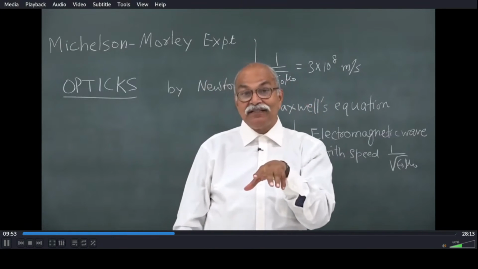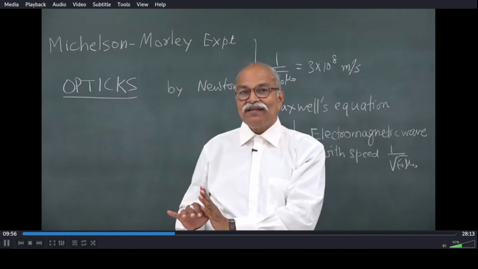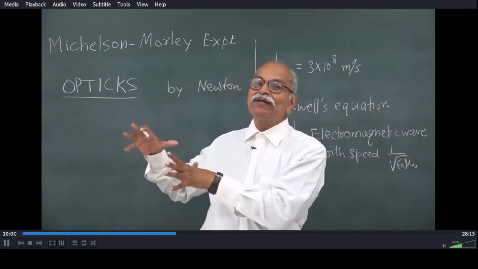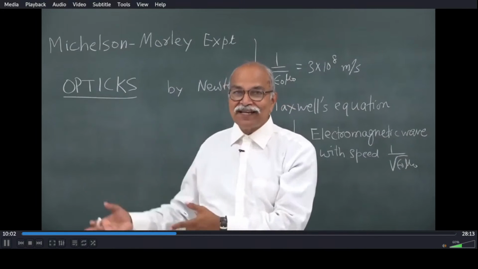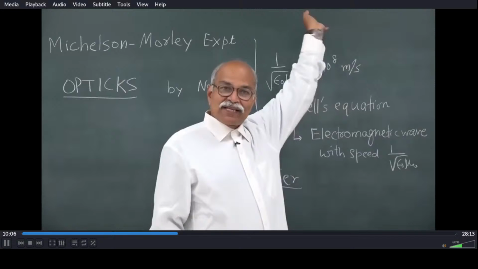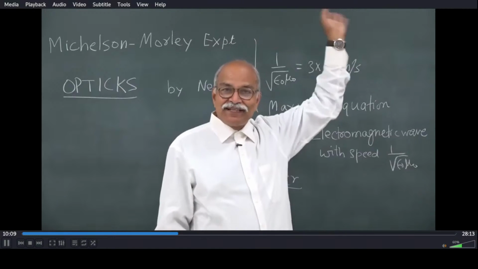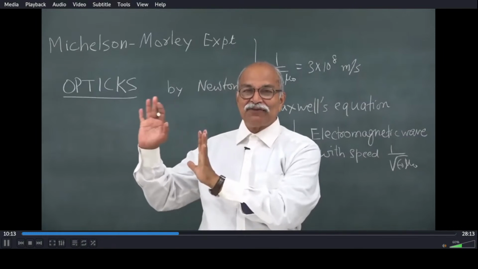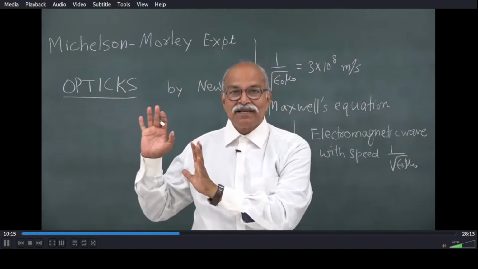But before that, let me show you an interference pattern to give you some idea of what interference is, how it looks, and how it is related to the Michelson-Morley experiment and fringes. You will connect it better if I show you some kind of interference pattern here.